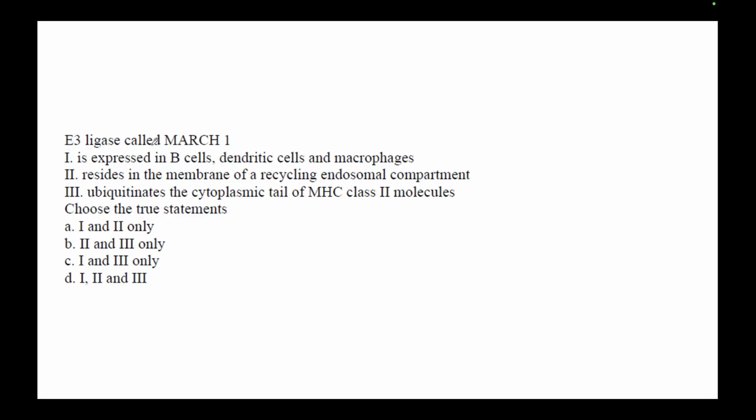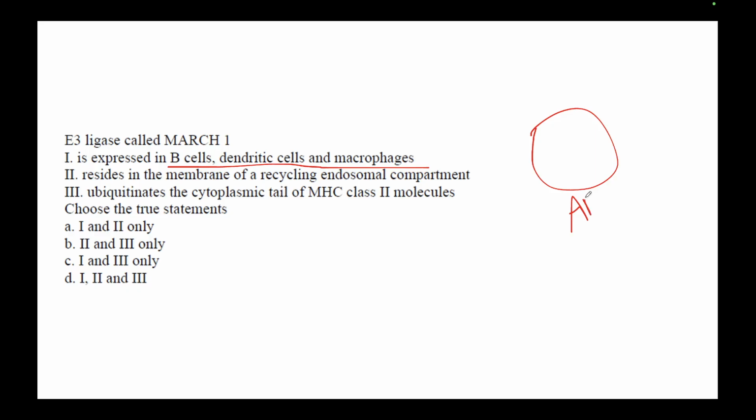Yeah, this E3 ligase called March1. Okay, we have to choose the true statement. The first statement is: this E3 ligase March1 is expressed in B cells, dendritic cells, and macrophages. Is it true? So what are all these three? These are APCs, right?